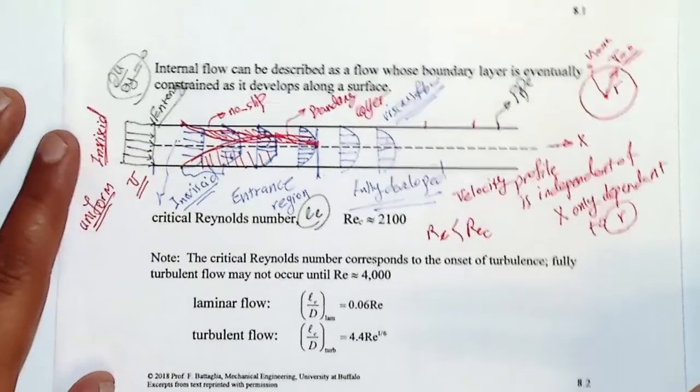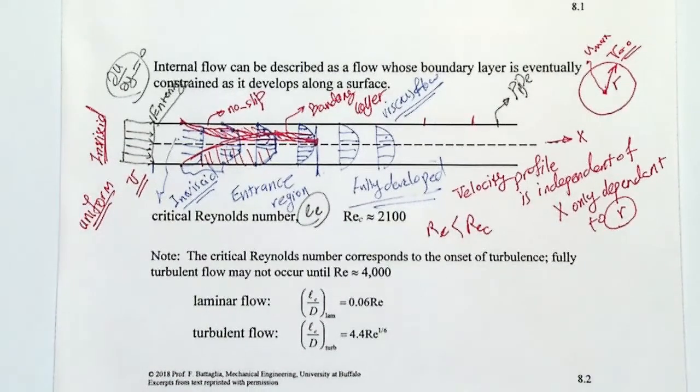Okay, so it only depends on whether the question asks you to find the length of the entrance region, where the flow is changing its velocity profile. It is especially asked for laminar flow, but sometimes it is needed for turbulent flow too. If the flow is laminar, the question may ask what length the flow needs inside the pipe to fully develop.